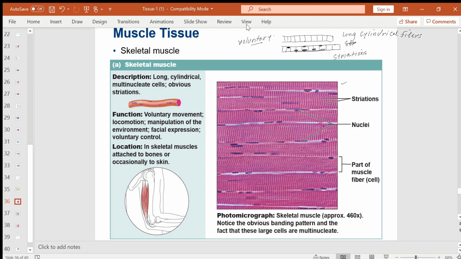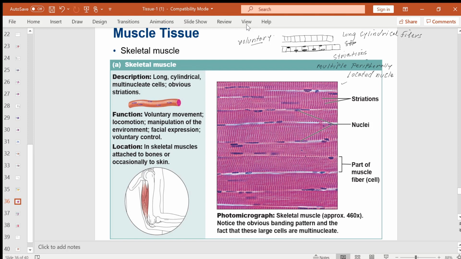So we can say multiple peripherally located, not centrally located nuclei.